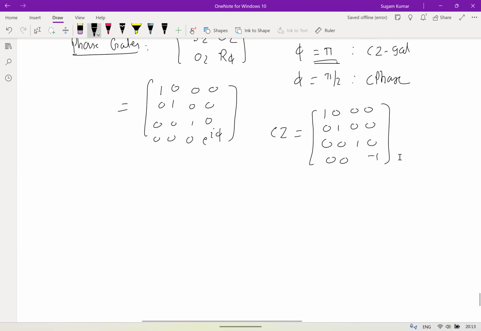Now when you operate with the CZ gate, it affects only 1, 1 and only 1, 1. Nothing happens to the other states.